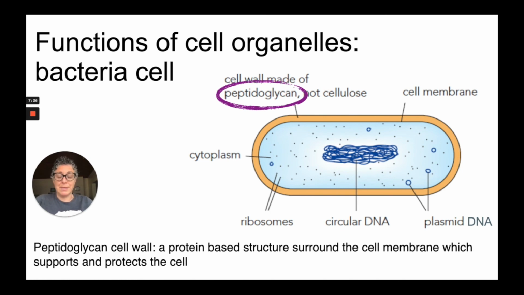So that's why antibiotics can be effective against bacteria cells and not harm the human that has taken the medication, because of course human animal cells don't have cell walls, so therefore the human cells are not harmed, whereas the bacteria cells, which do have the cell walls, are destroyed.